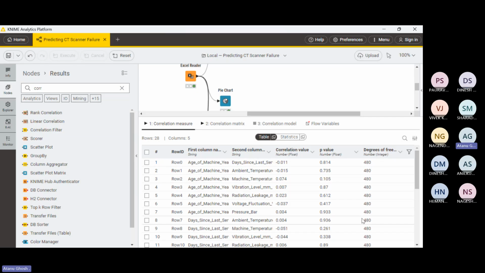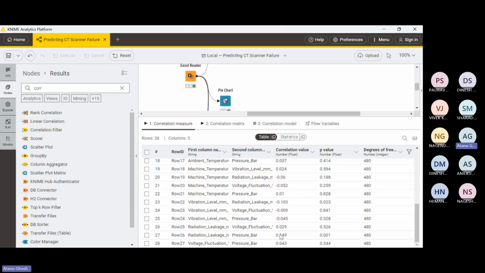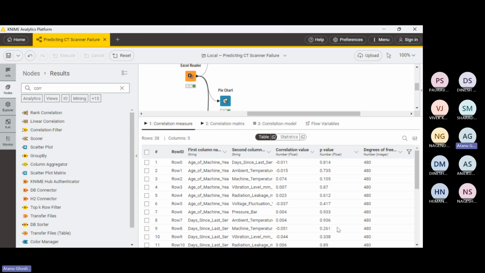If the p-value is less than 5%, then what will it mean? If the p-value is more than 5%, what will it mean? Where it is less than 5%, we can see the correlation value is higher. Okay. So what is the null hypothesis here?